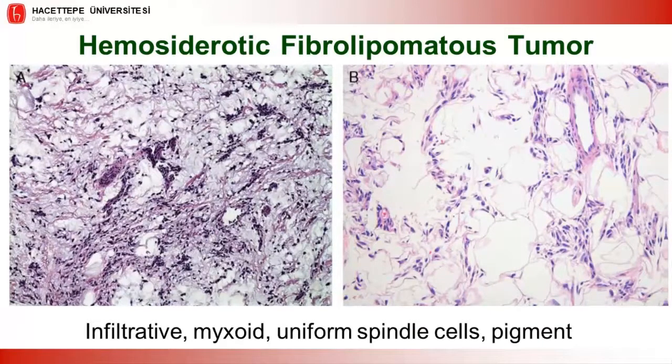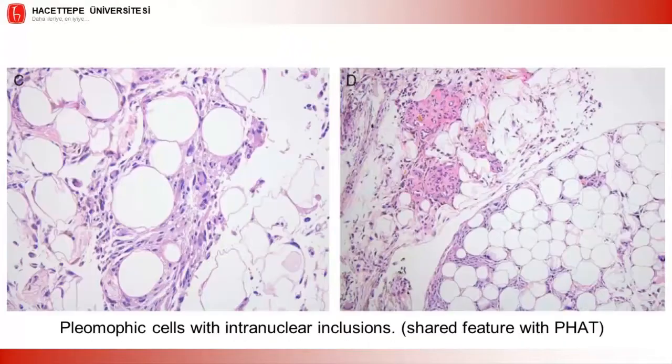The features of the fibrolipomatous tumor are myxoid infiltrative uniform spindle cells with pigmentation also within the spindle cells, and they share some features with pleomorphic hyalinizing angiectatic tumors with intranuclear inclusions.